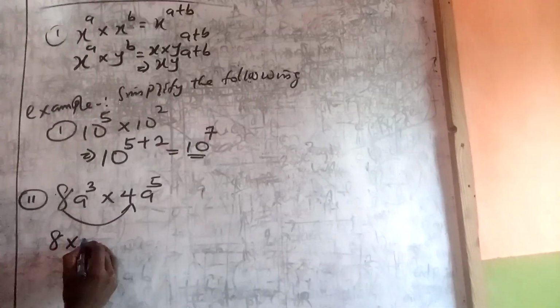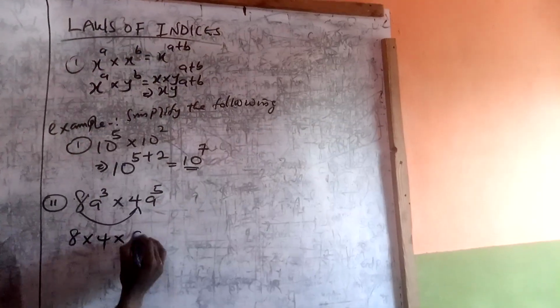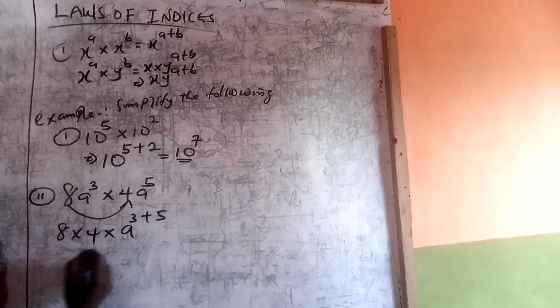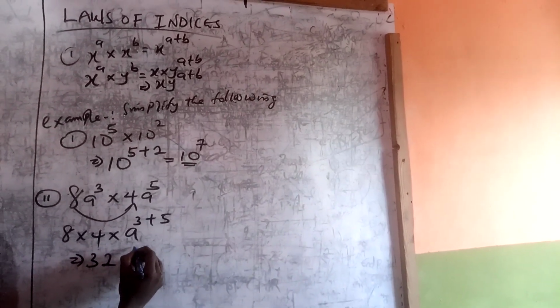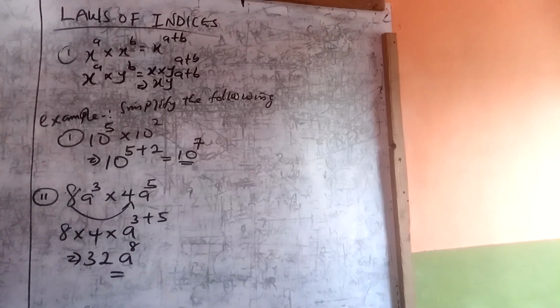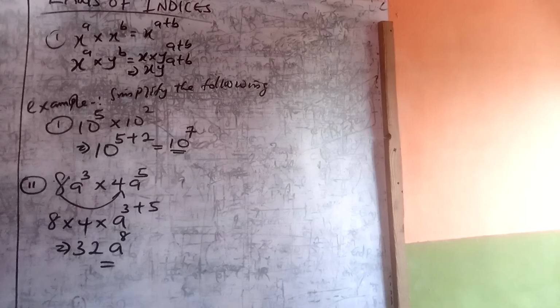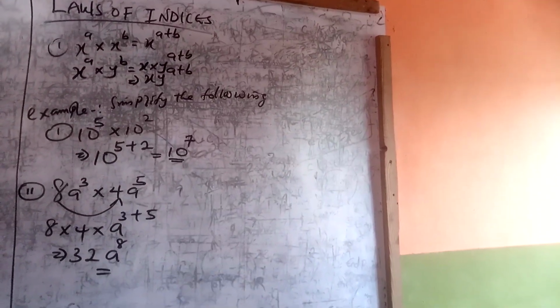So we say 8 times 4 multiplied by a raised to power 3 plus 5. So 4 times 8 will give me 32a raised to power 8. So these are the likely problems that a student or someone can encounter while solving the first law of indices.